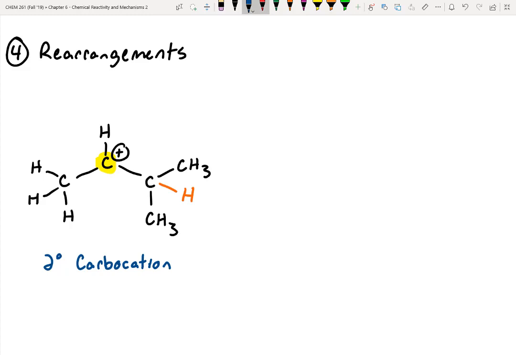What will happen is basically this entire hydrogen can just slide on over to that positive charge.